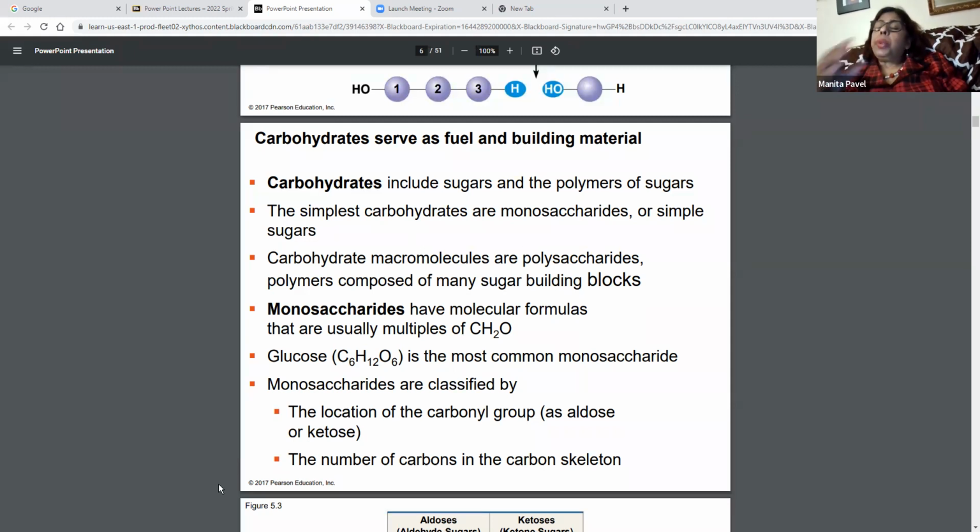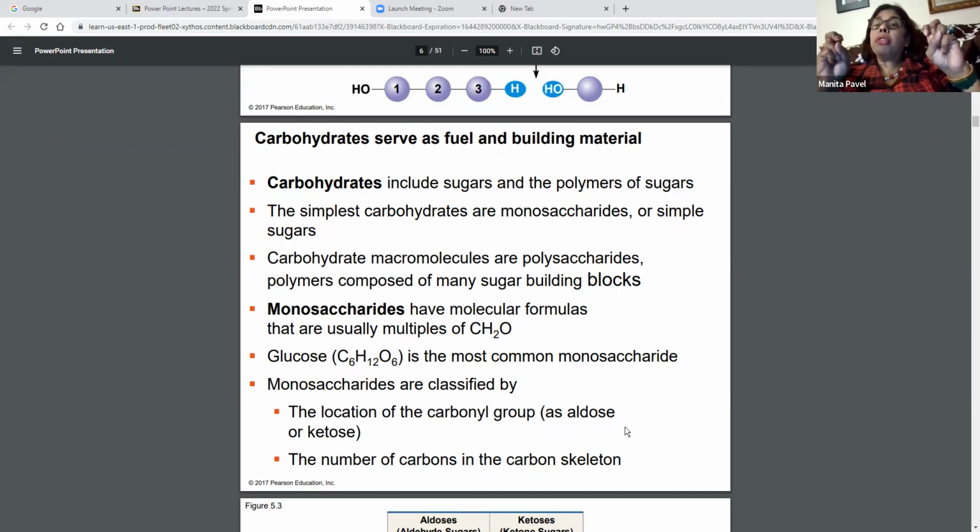Now, how do we classify these types of carbohydrates? Monosaccharides are classified by the location of the carbonyl CO functional group, which is an aldose or a ketose. Remember, we talked of aldehydes and ketones. So aldoses and ketoses. I want to bring to your attention, the moment you see the suffix OSE, immediately you should know it is referring to a sugar.